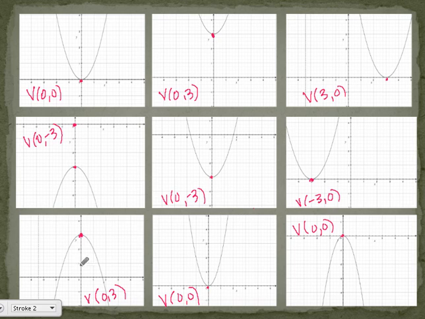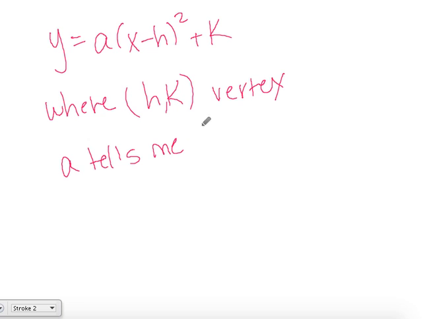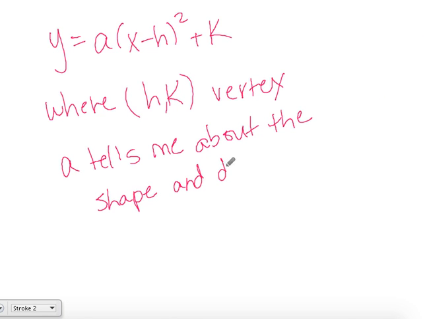All right. Now, the reason why this is significant is because for each one of these 9 examples, I am going to use my favorite equation, my favorite form. y = a(x - h)^2 + k, where h and k represent my vertex, and a tells me about the shape and direction.